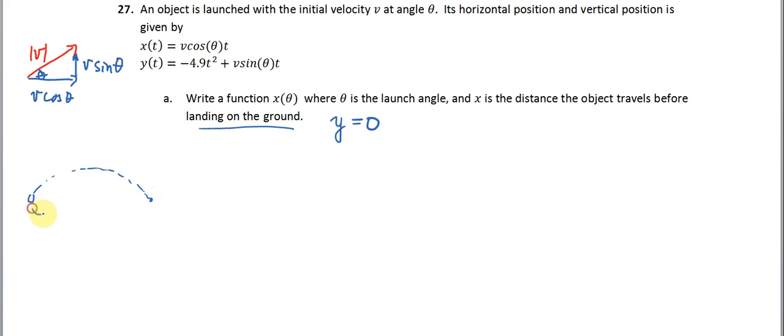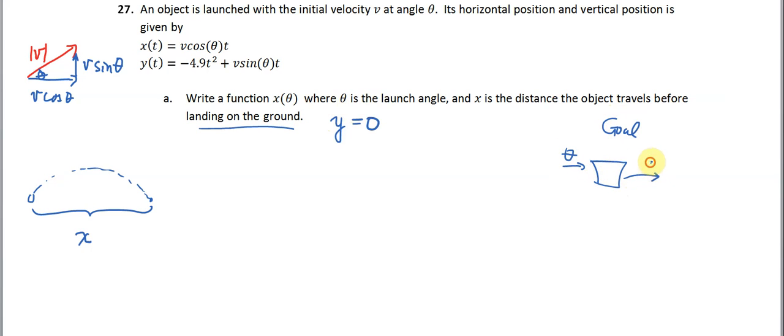Okay, so this distance right here is x, and the vertical distance here is y. But if it lands on the ground, then we know that y is equal to 0. And our goal here is to solve for x and theta. So our goal is ultimately to have a function that takes in theta and produces x.